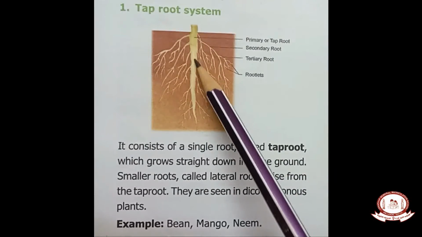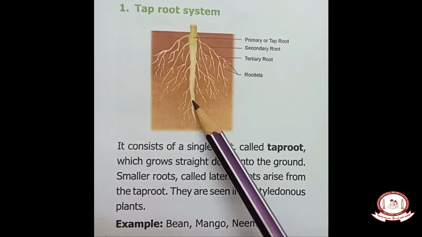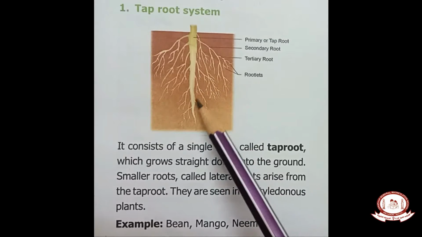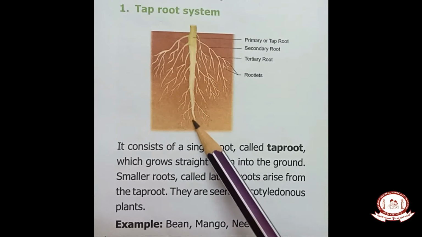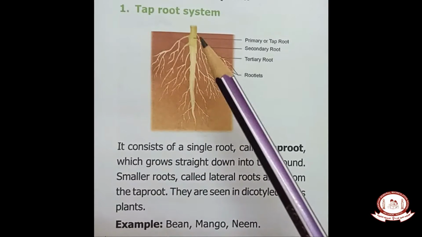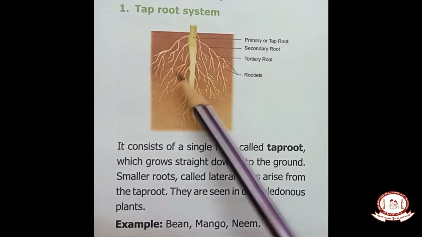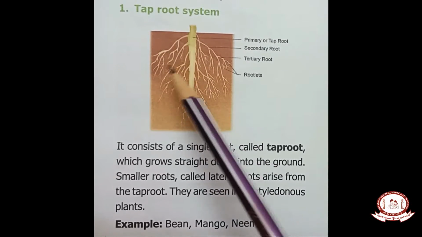Children, see here there is a main root, that is the taproot. This main root is growing straight down into the ground, whereas the smaller roots are called the lateral roots. They arise from the taproot.